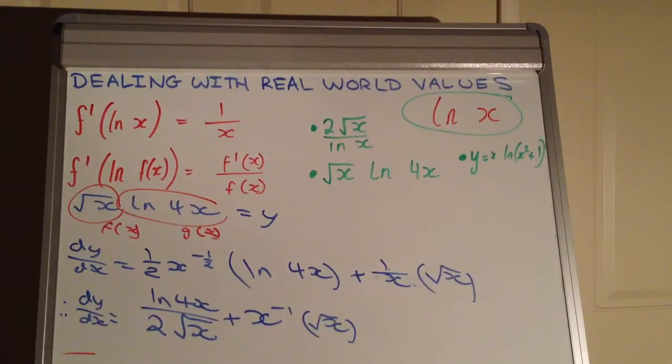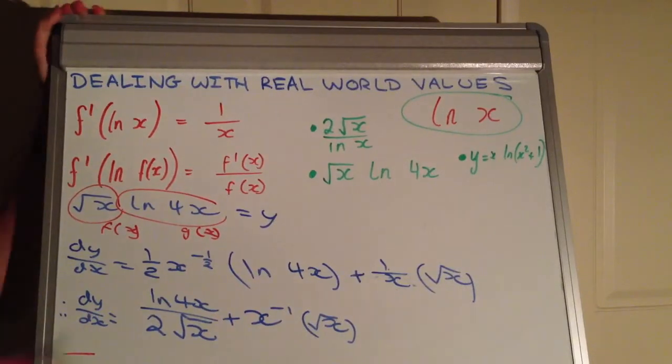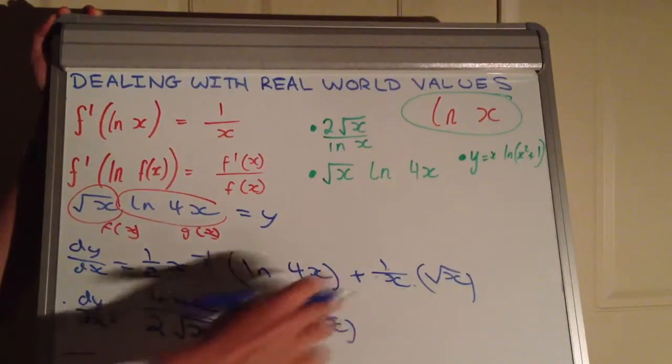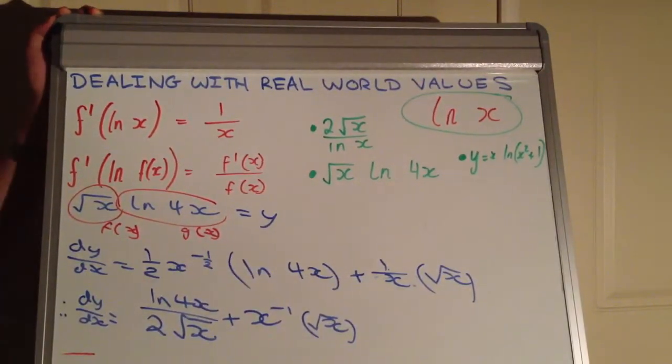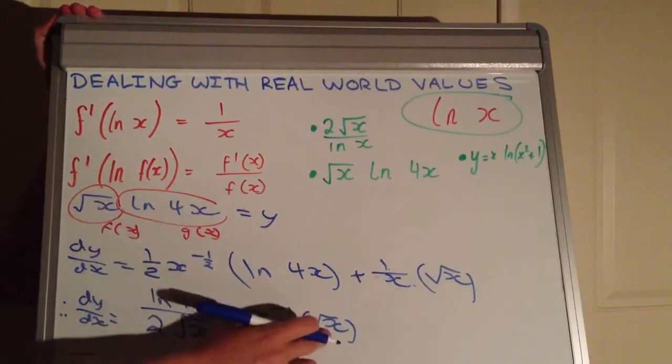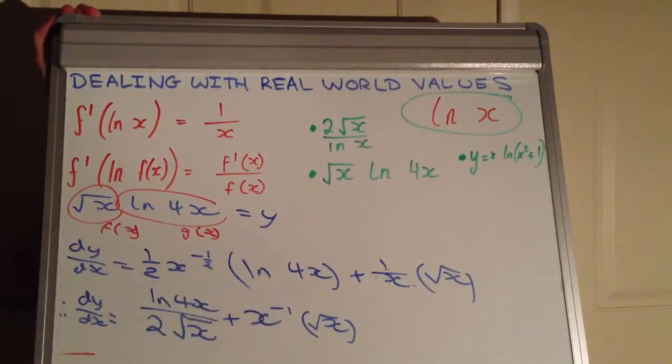When we have that, we need to simplify it by adding the exponents. So negative 1 plus a half is going to make a negative half.